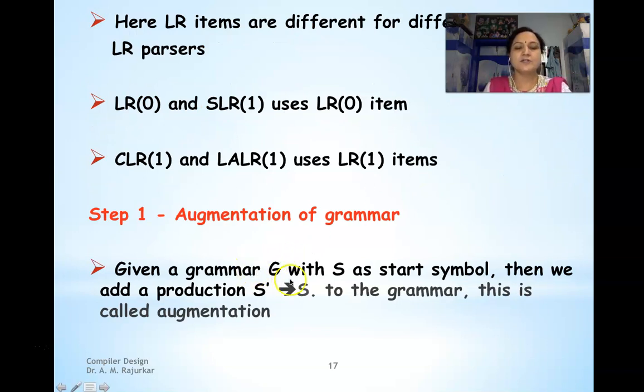Given a grammar G with S as the start symbol, we add a production S' tends to S to the grammar. The grammar does not have S' as a grammar symbol, so we are adding it. Whenever we have S as the start symbol of the given grammar, we add one more production, S' tends to S, and this is called augmentation.